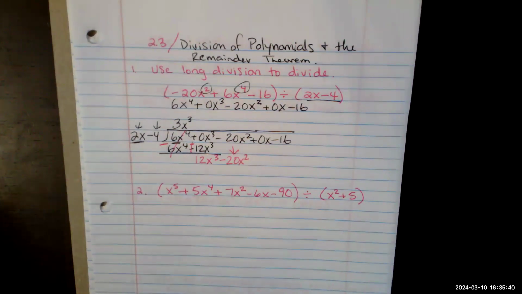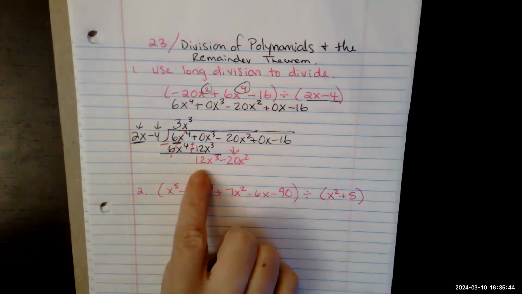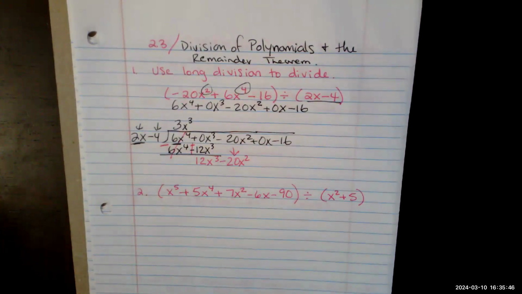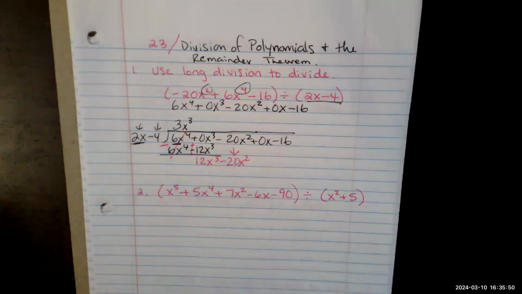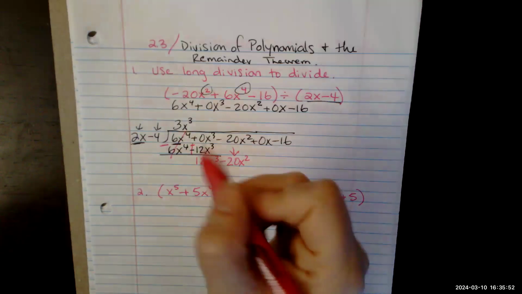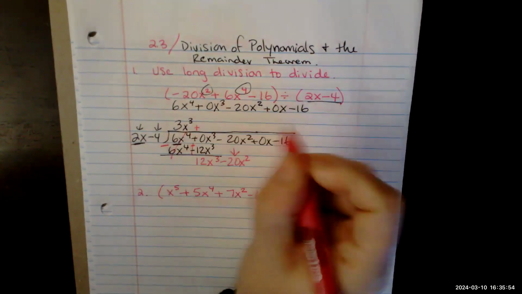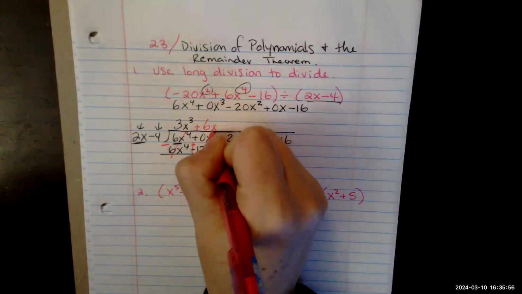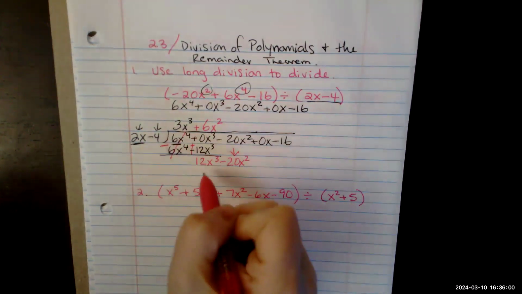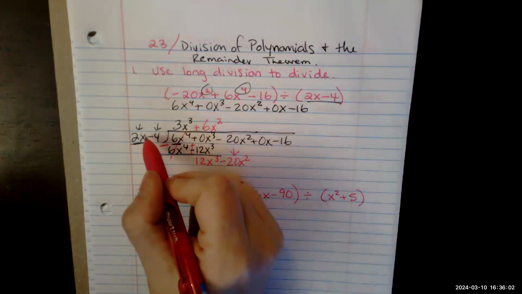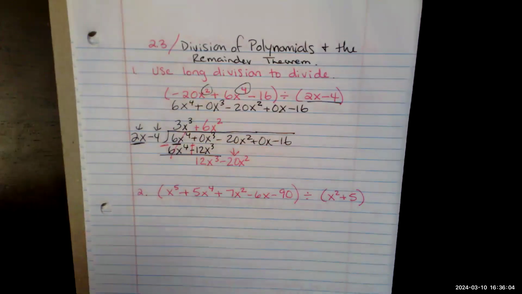So now what would I have to multiply 2x by to get to 12x to the 3rd? It would be 6x to the 2nd, right? Because 6 times 2 is 12, and I would need x to the 2nd to multiply by x to get to x to the 3rd.